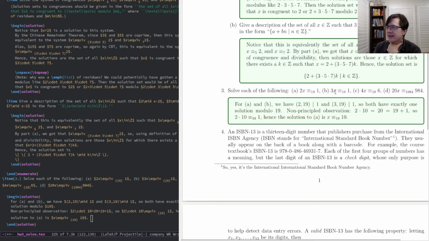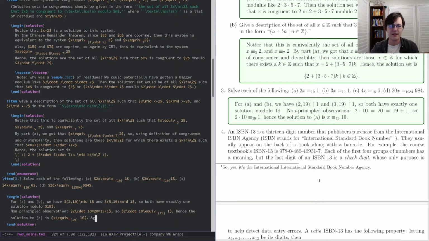But 18 is 3 times 6, so minus 18 is 3 times minus 6, which is 1 minus 19. Hence 3 times minus 6 is congruent mod 19 to 1.